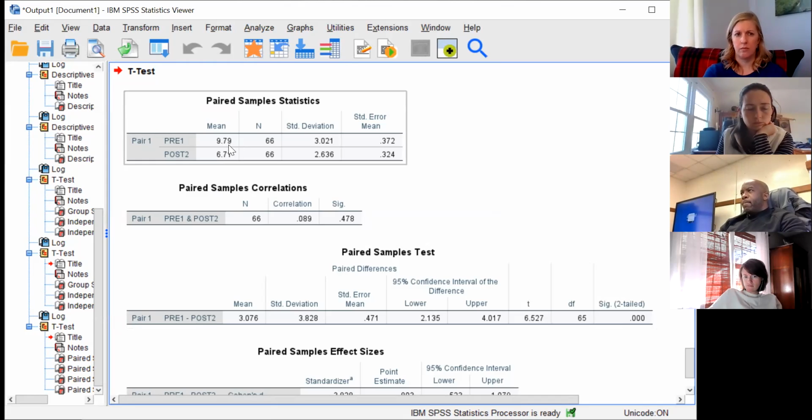And so you might ask, okay, why would it go down pre to post? What if it's a measure of, and this actually is the measure of, within a minute's period of time, how many seconds were students distracted? Because this actual data set was looking at different ways of teaching reading.